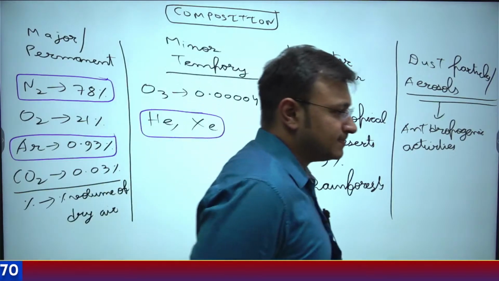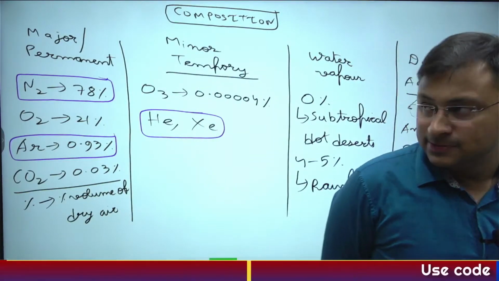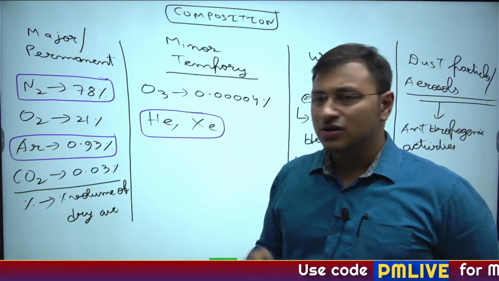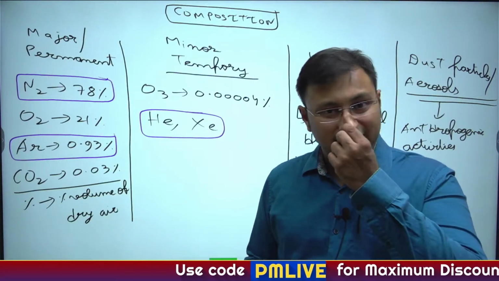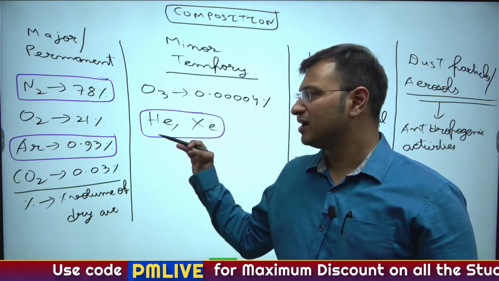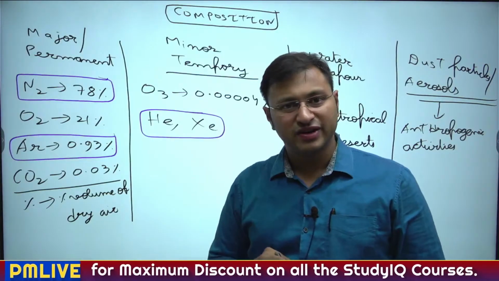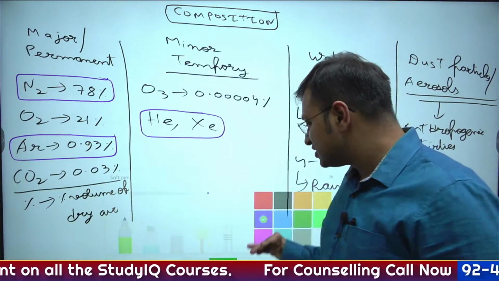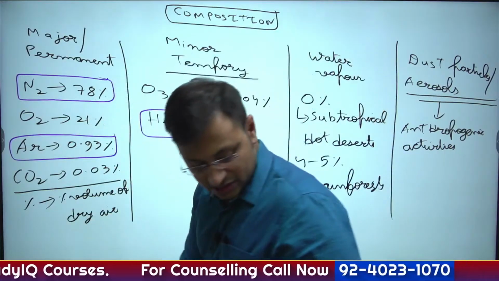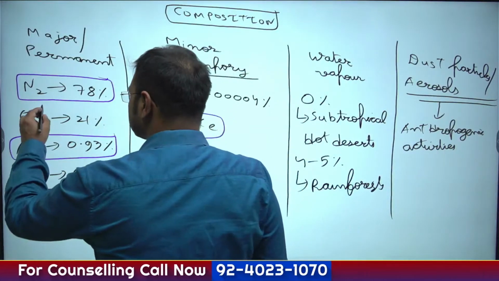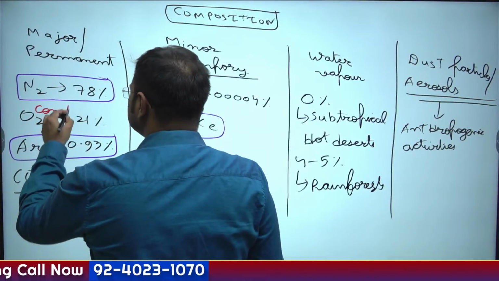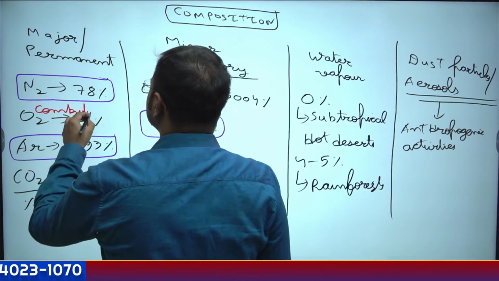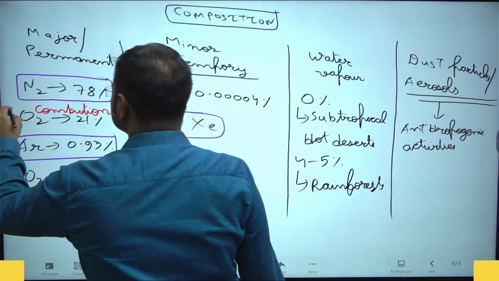Yes, anyone? See, when I'm talking about nitrogen, argon, helium, and xenon, these gases are so important. Why? Because in atmosphere we are having O2. O2 is which gas? O2 is a combustible gas. If I'm talking about oxygen, oxygen is a gas which aids combustion. Is it combustible on its own?